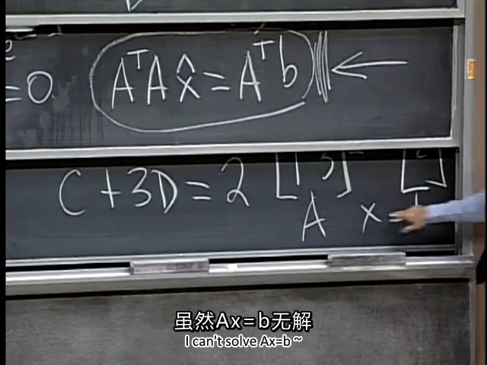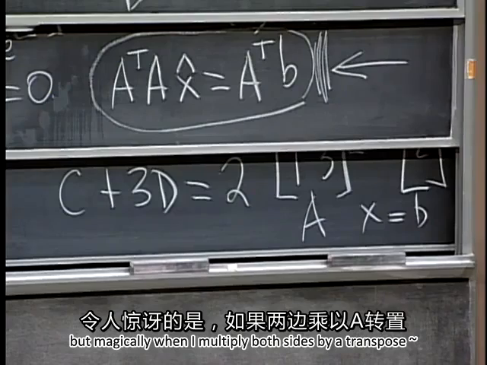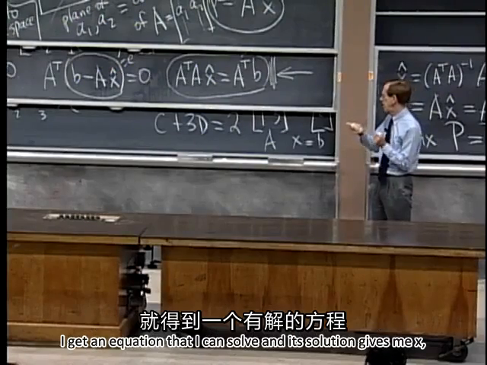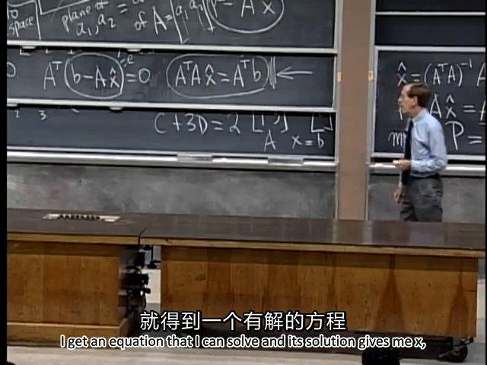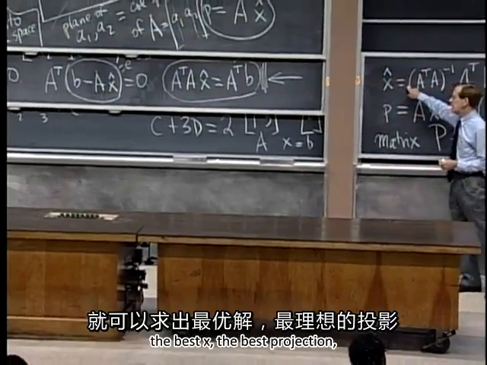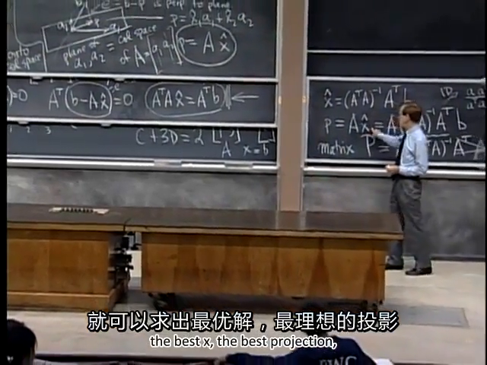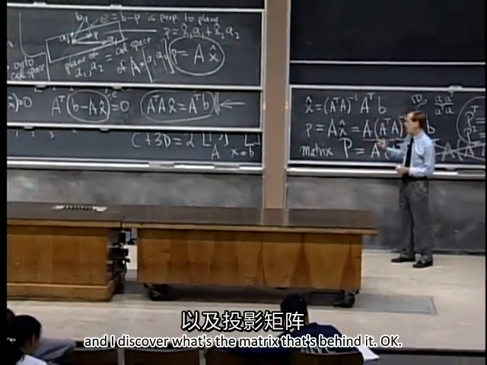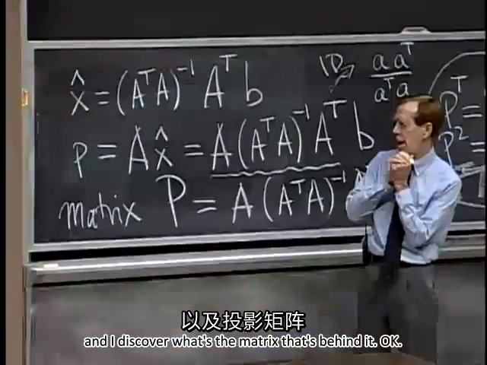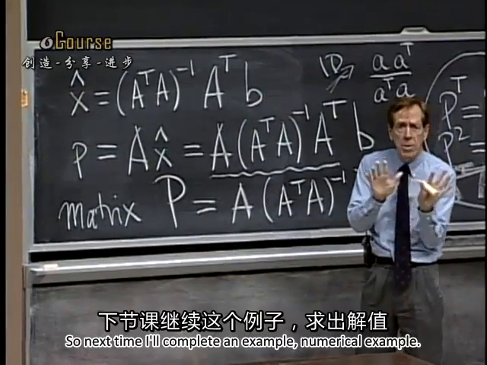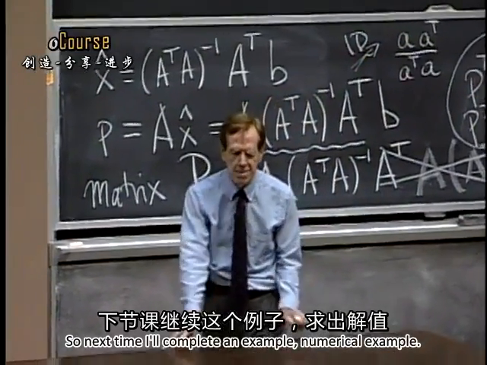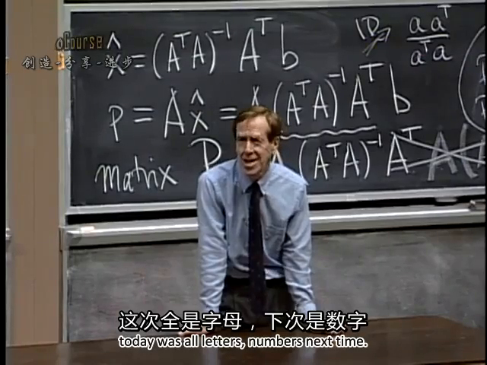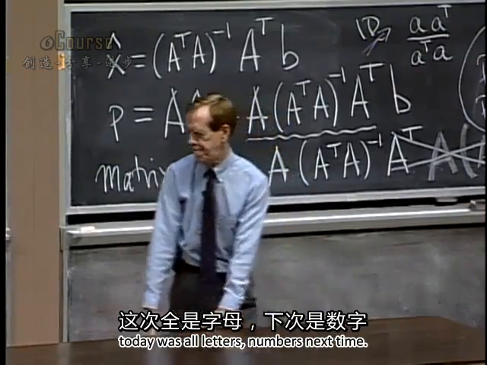I can't solve Ax equal b, but magically, when I multiply both sides by A transpose, I get an equation that I can solve, and its solution gives me x, the best projection, and I discover what's the matrix behind it. Okay, so next time I'll complete a numerical example. Today was all letters, numbers next time. Thank you.